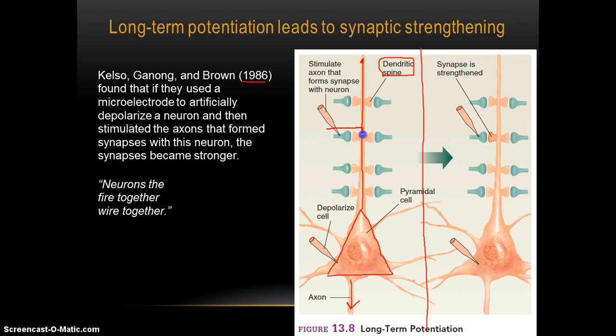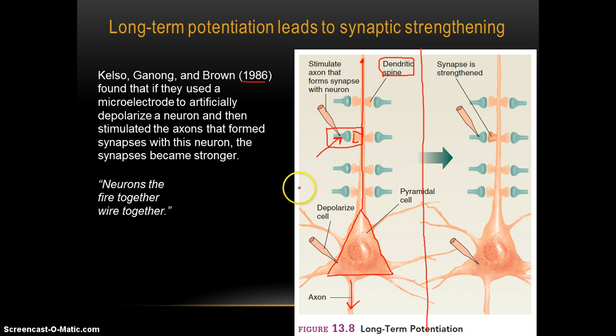The synapse between a presynaptic neuron, the blue one here, and then this pyramid cell, which would be the postsynaptic neuron. So the axon of this presynaptic neuron is forming a synapse with the dendritic spine of this pyramid cell, this postsynaptic neuron.